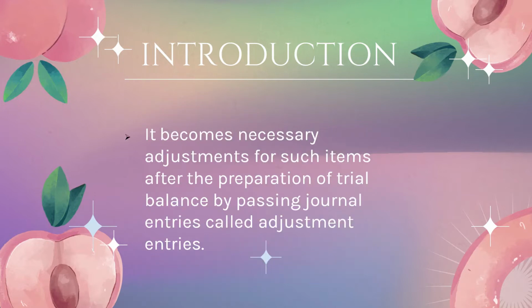Now, these adjustments generally take place after the preparation of the trial balance. So we need to bring these adjustments into the books of accounts by passing journal entries. Therefore these journal entries are called adjusting entries or adjustment entries.